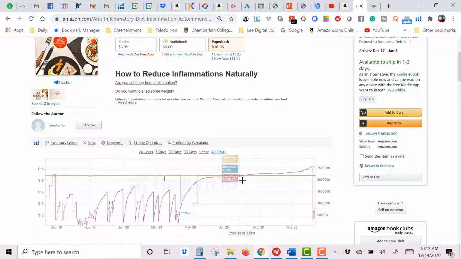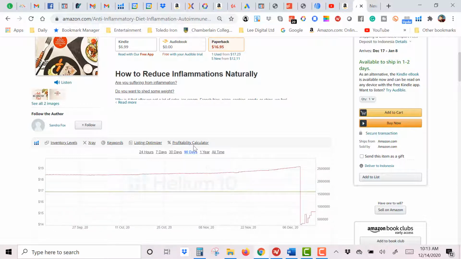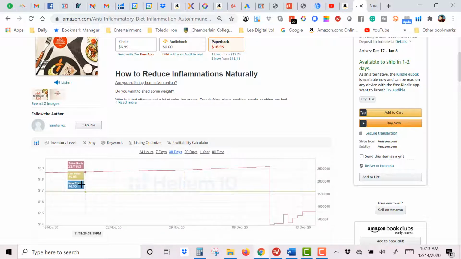I know that there's very few sales happening here in November. You would have to dig into the data here. You probably have to go back to 90 days and you'll see the sales happening. Let's go back 30 days. 235, 234, there was a sale there. 238, 239, 240, there was a sale here, dropped to 239 again, 240, 242, 243, 244, 245, and there are no sales here for many days.